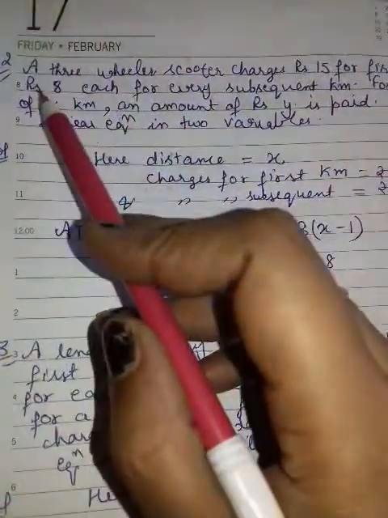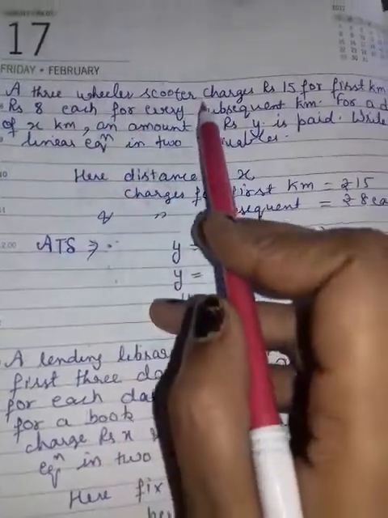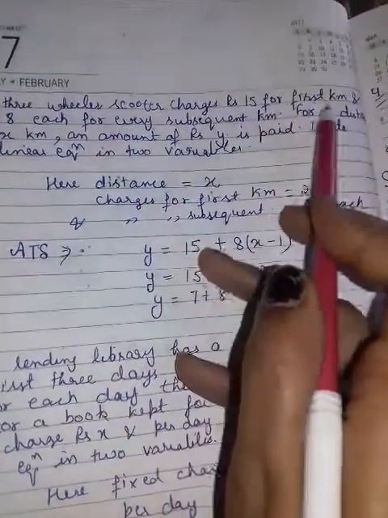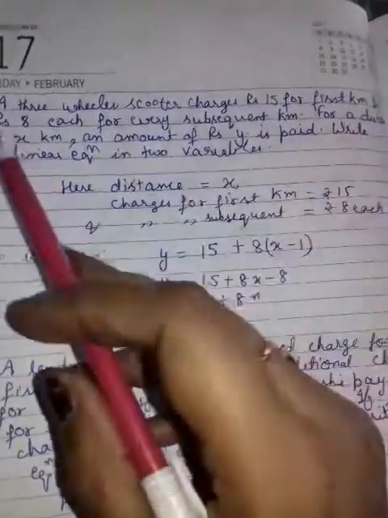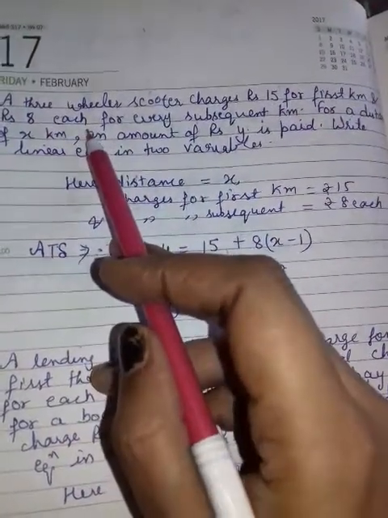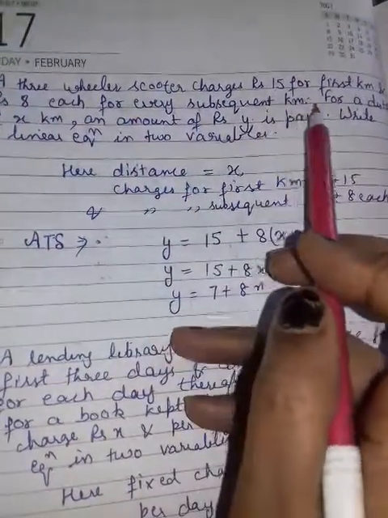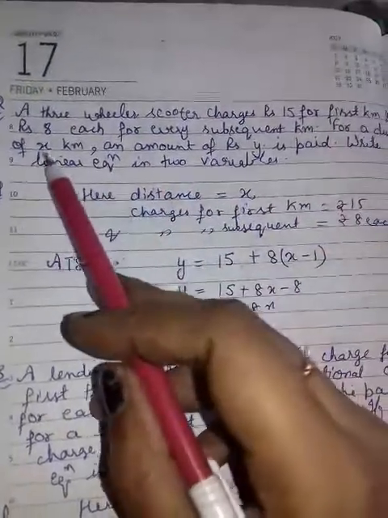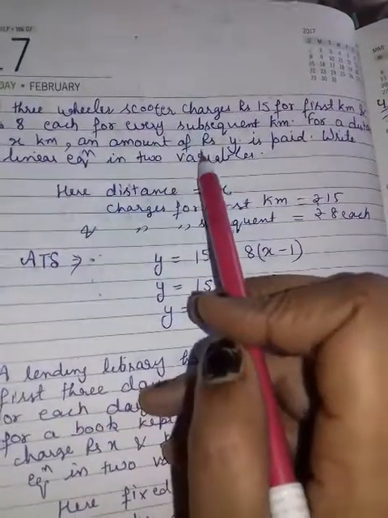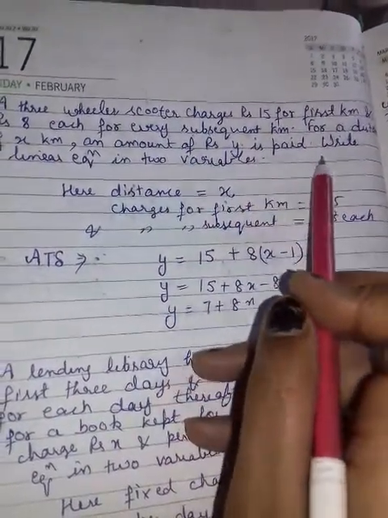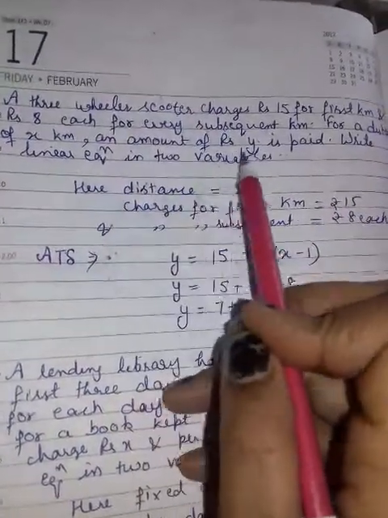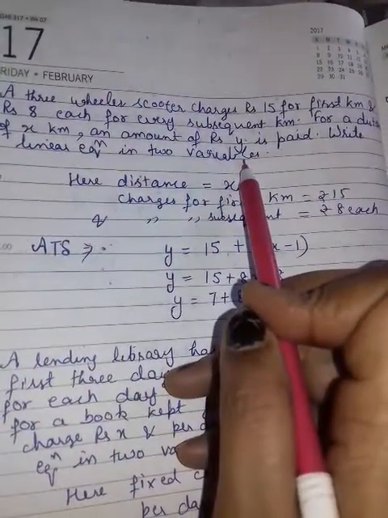Now your next question is, a three-wheeler scooter charges rupees 15 for the first kilometer and rupees 8 each for every subsequent kilometer. For a distance of x kilometers, an amount of rupees y is paid. Write the linear equation in two variables. I will explain what is here.